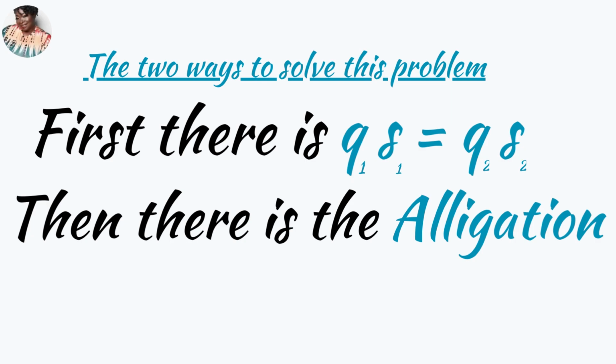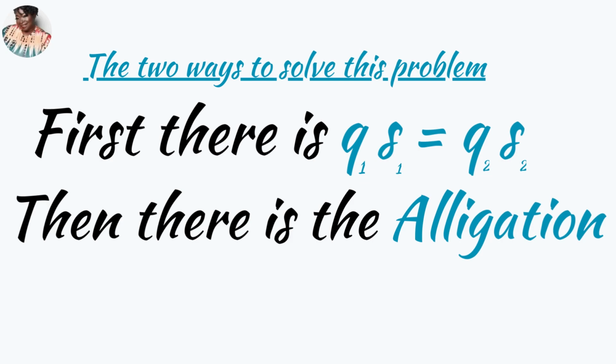And we're going to talk about alligation in a subsequent video. The reason being is that there's certain criteria that has to be met for whatever method you choose. For quantity times strength, you have to have a solution that you're diluting.